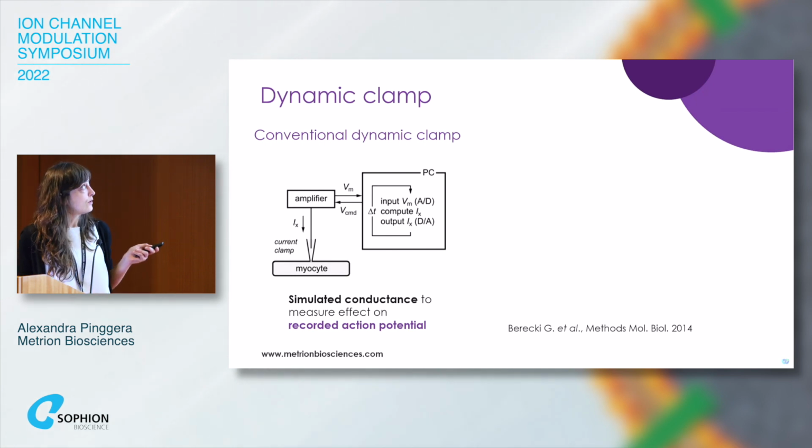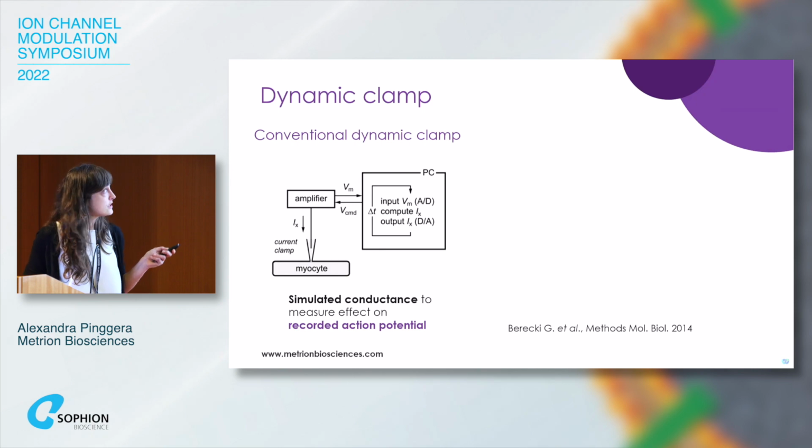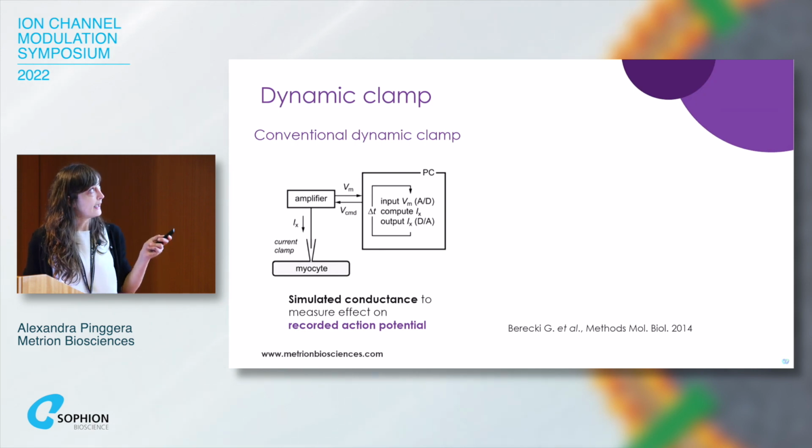These cells are then recorded in current clamp configuration, and they are coupled to a computer model. Now, the membrane potential of the cell of interest is continuously sampled and fed back into the computer model.